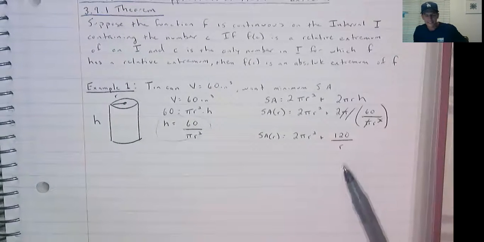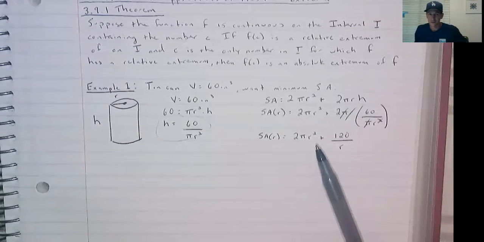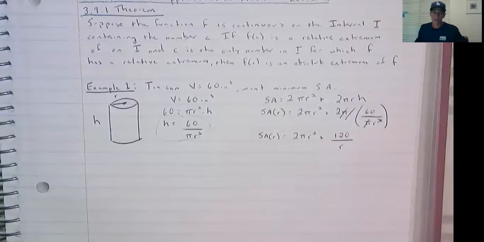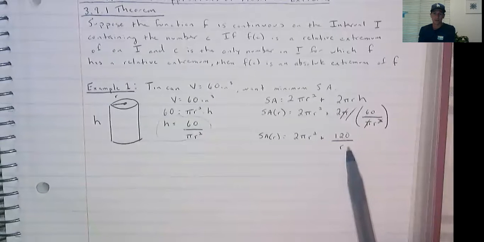And so now we start to see the domain here gets a little weird, because remember back to 3.2, we could make these like non-existent cylinders and it kind of worked. But the surface area is going to blow up on us if we try to make the radius 0.